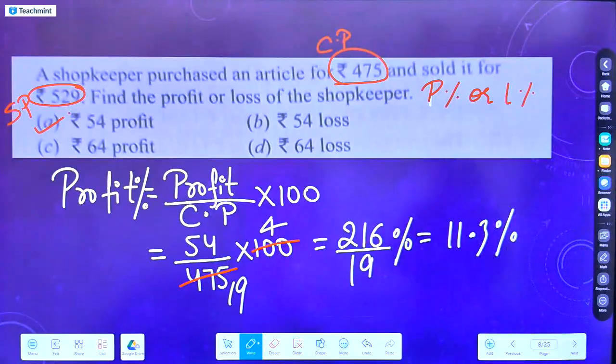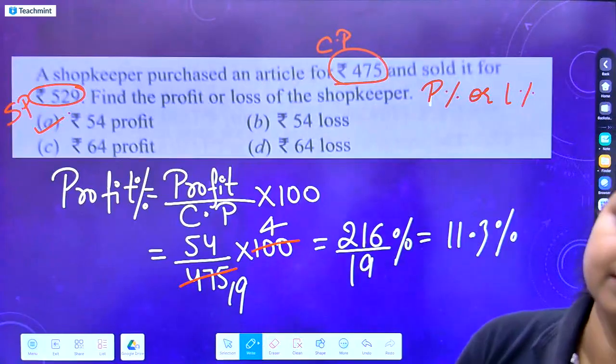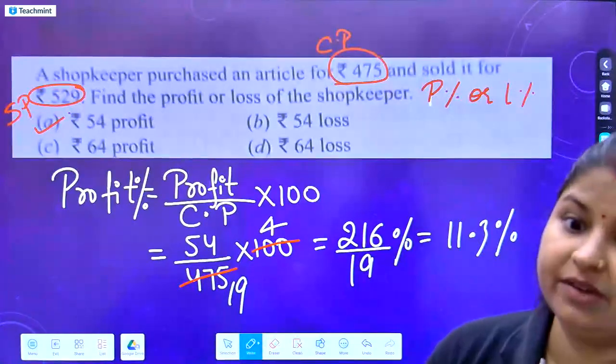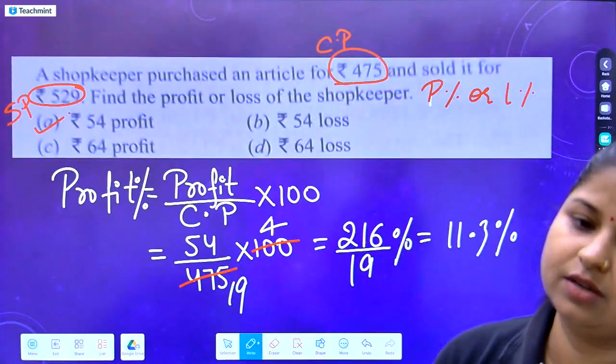You can divide 216 by 19 and you can check, beta. Somewhere you will get 11.3%. Divide yourself and see and tell me, ma'am, was it correct or not?